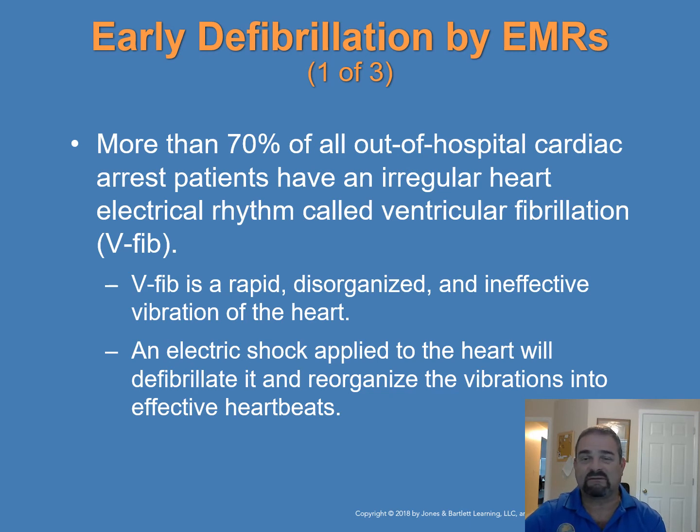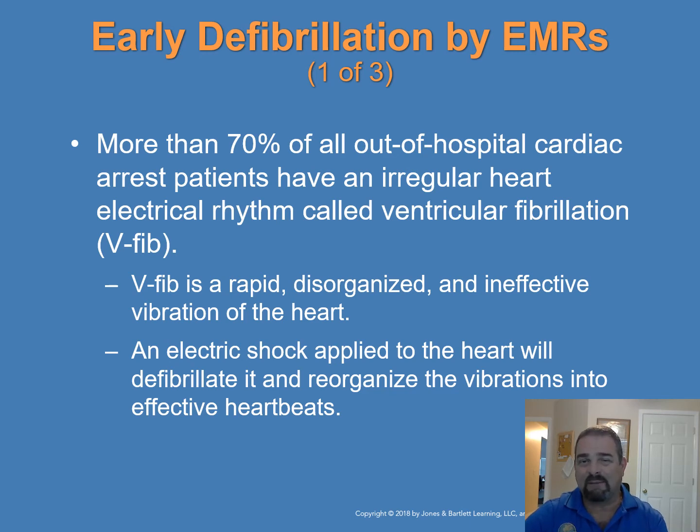That means that they're somewhere at home, at the grocery store, at the convenience store, or driving in their car. More than 70% of those out-of-hospital cardiac arrest patients have that irregular heart rhythm we were just talking about, ventricular fibrillation, VFib. This is a disorganized group of electricity running through the body that's just making it quiver.